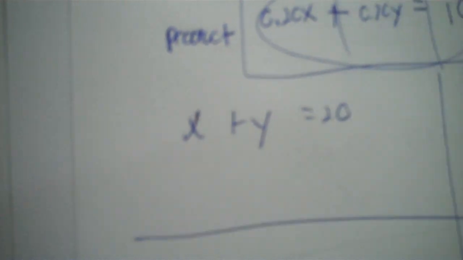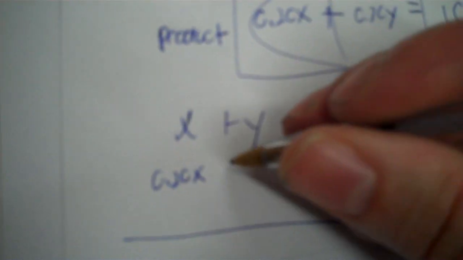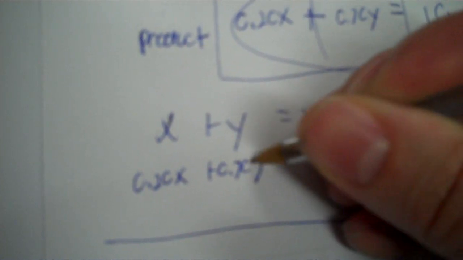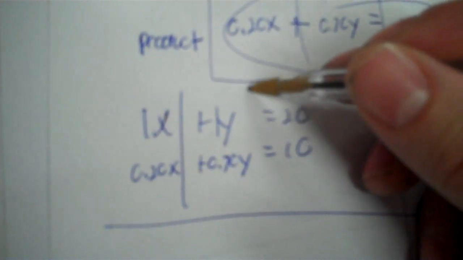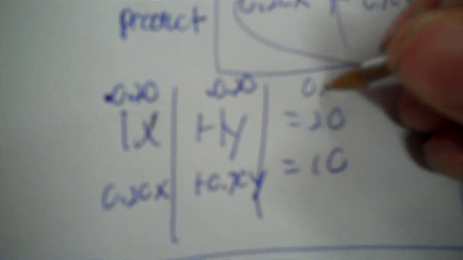We know x plus y is equal to 20. We also know that 0.20x plus 0.70y equals 10. Okay, now you use elimination, so you're going to multiply the top by 0.20. 0.20, you can't lose sight of the decimal.